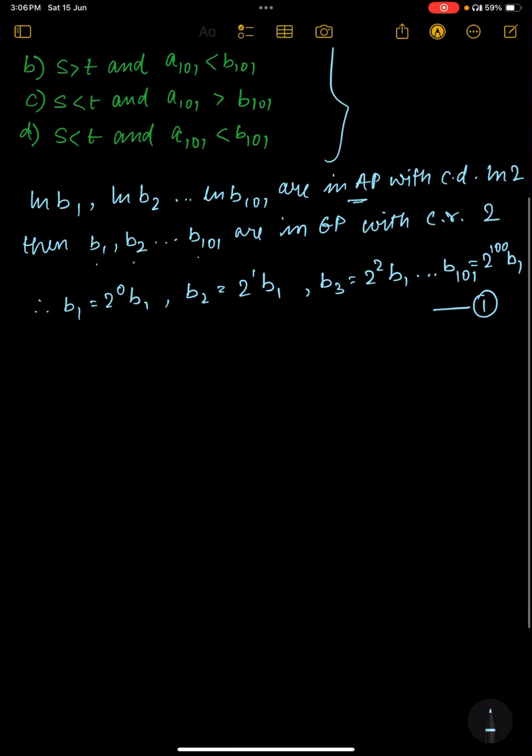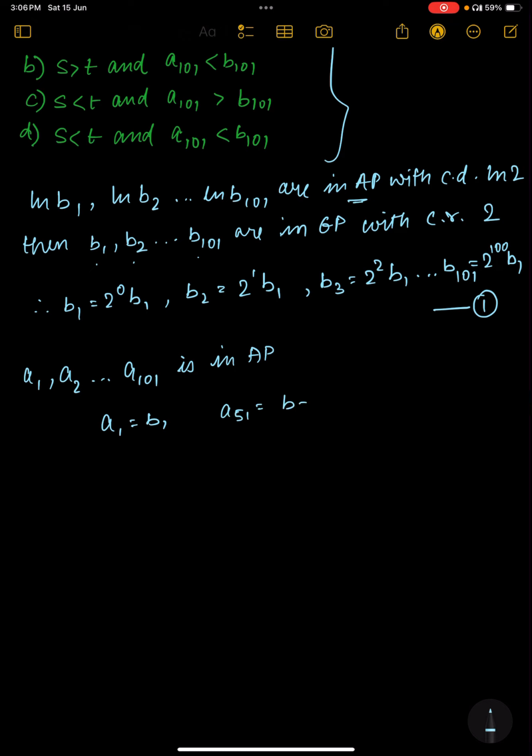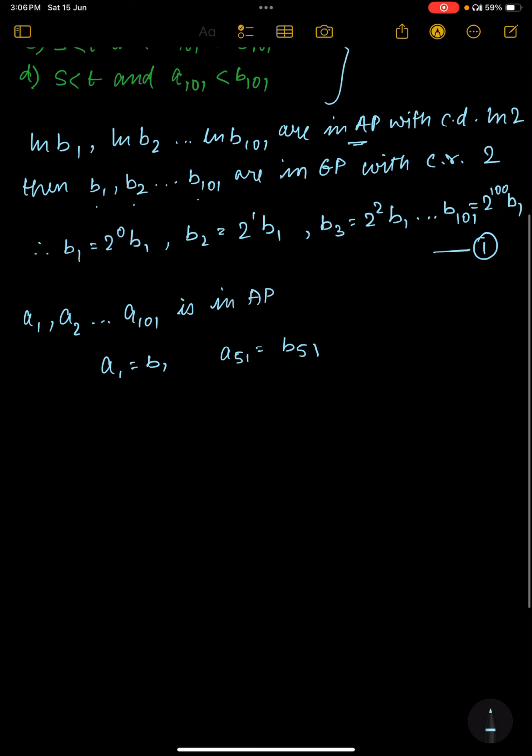Now we are also given that a1, a2 all the way to a101 is in AP, and a1 is equal to b1 and a51 is equal to b51. Since the common difference for the series of a is not given to us, we will write a1 plus 50d is equal to a51.